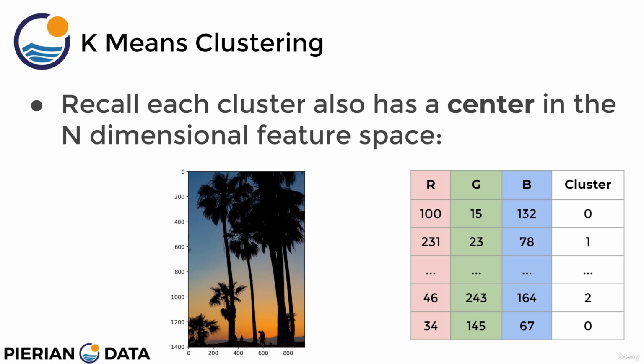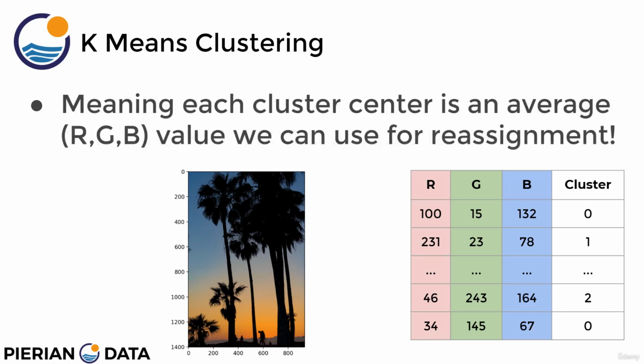Now cluster 0 has multiple points belonging to it, which means it has a cluster center. And that cluster center is in terms of the original feature space, so it is in terms of RGB. That means each cluster center is technically an average red, green, and blue value we can use for reassignment that the algorithm has discovered on its own. It's essentially pooling everything together and assigning some center that's in between a bunch of values.